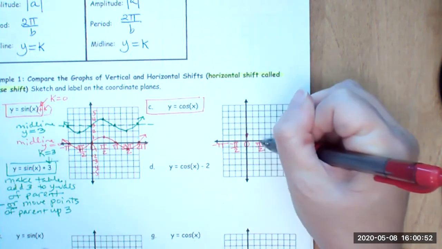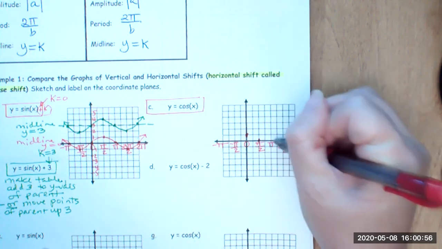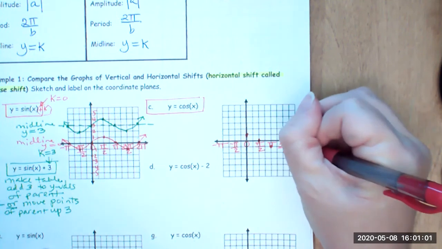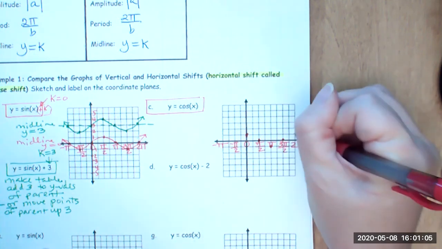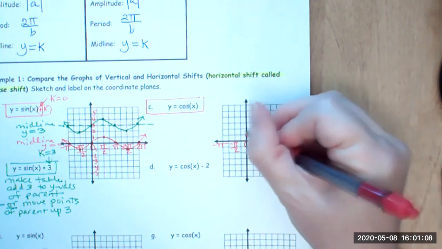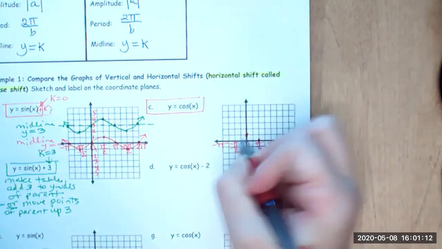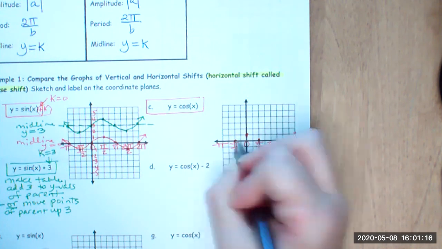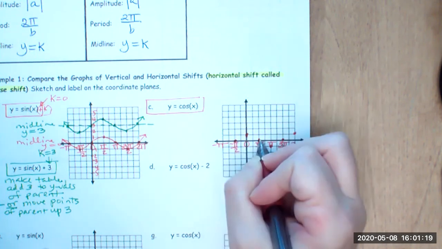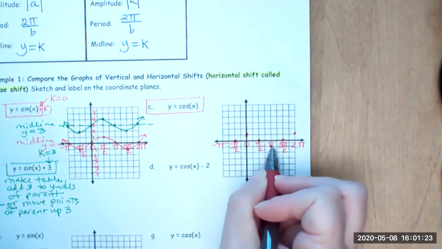When x is pi over 2, the cosine of pi over 2 is 0. The cosine of pi is negative 1. The cosine of 3 pi over 2 is 0. And the cosine of 2 pi is 1. There you have that U shape, that valley, right? And then if I just continue the pattern, at negative pi over 2, because this is an even function, it's going to have the same y value as at pi over 2. And at negative pi, you're going to have the same value as at pi, right?